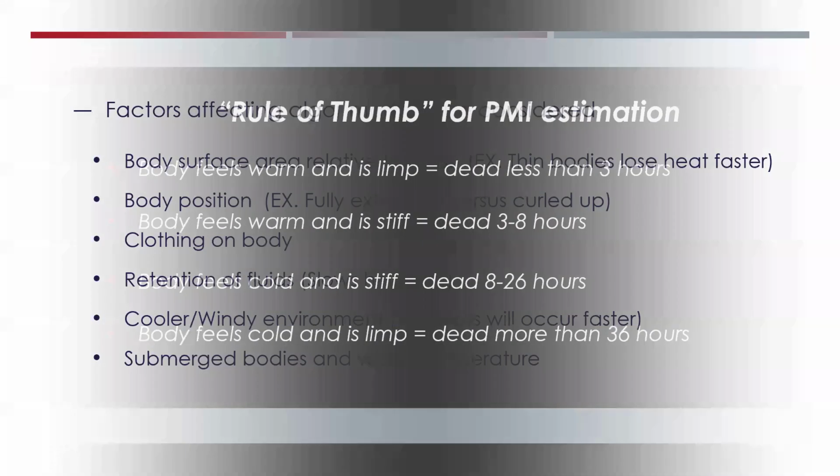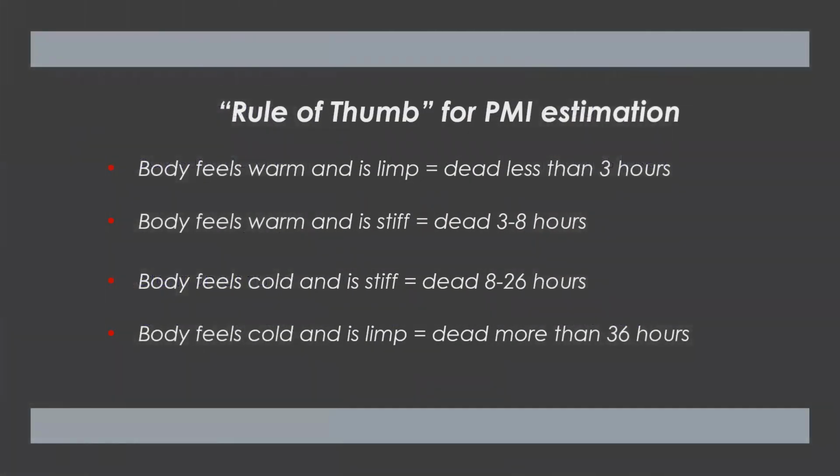So just a little rule of thumb for determining postmortem intervals or time of death. This is kind of putting it all together. If the body is warm to the touch but is limp, the person's probably been dead for less than 3 hours, because remember, rigor mortis does not start setting in until 2 hours, and it takes 12 hours to peak.